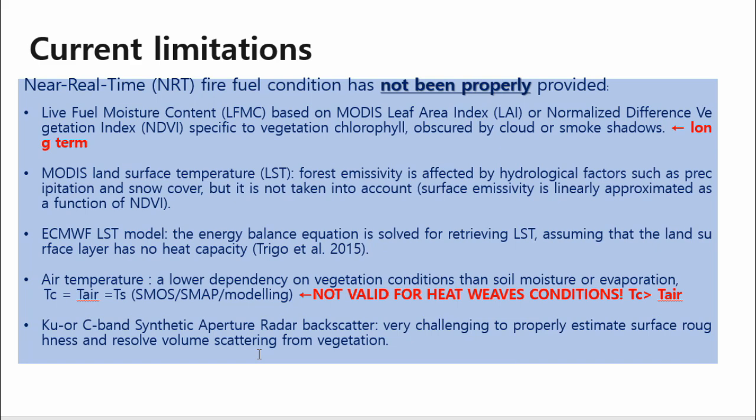That is especially true for heat wave conditions, under which canopy temperature is usually higher than air temperature. So there's a very important temperature gradient missing from our current platform.